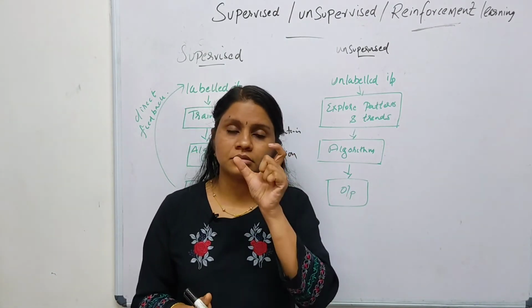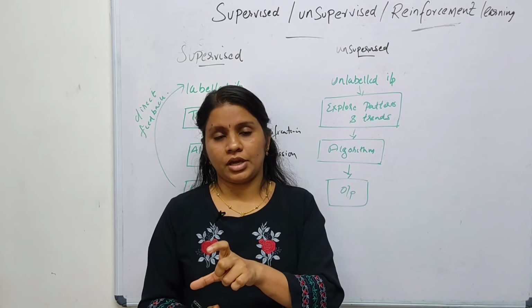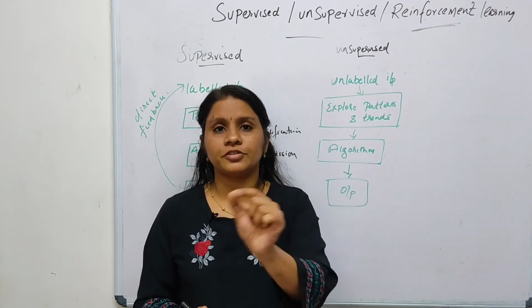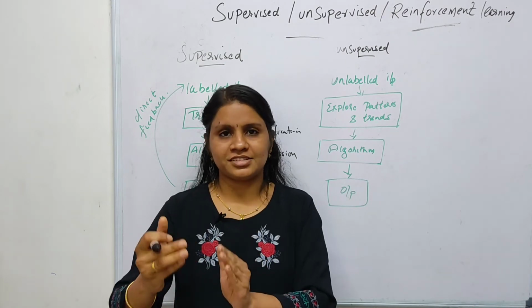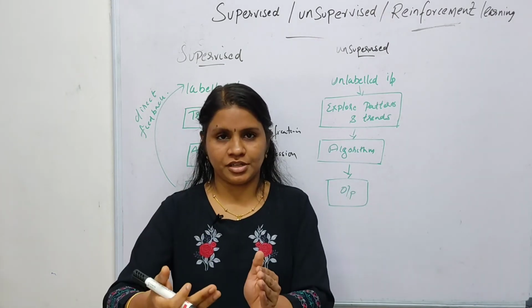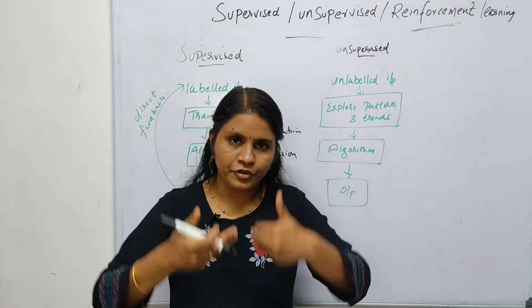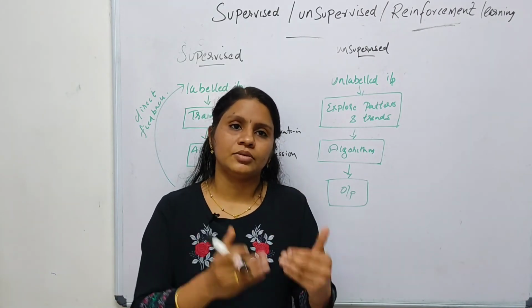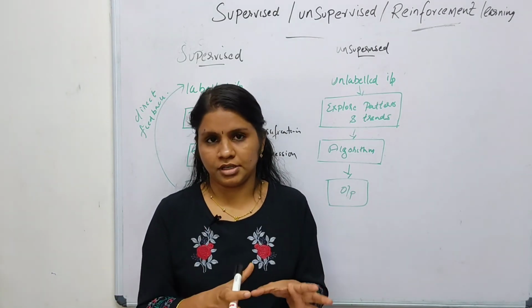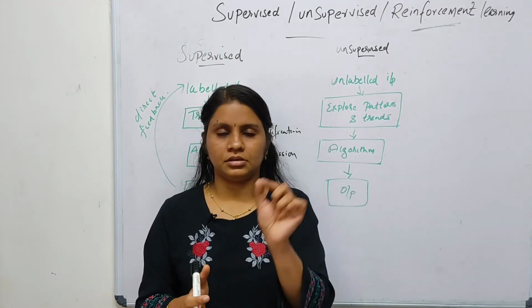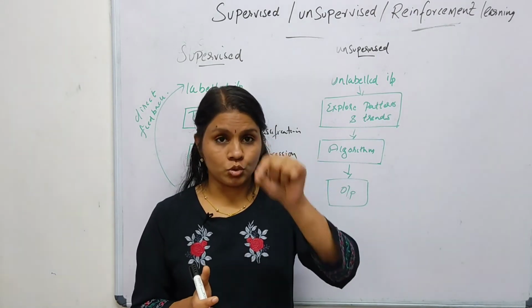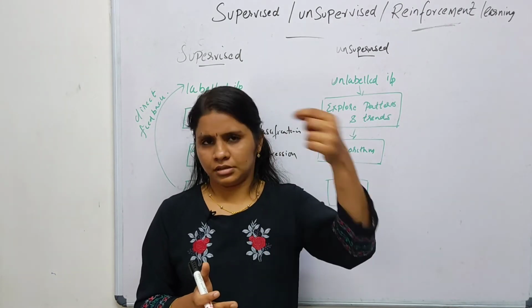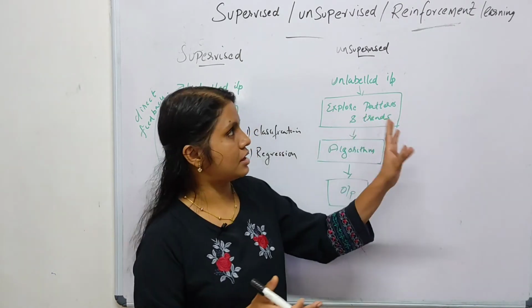So here treat the child as an agent, who is taking first steps, and after a few steps gets a reward, that is an appreciation. And if he or she fails to do that, he or she doesn't get any reward. Likewise, reinforcement learning works. This algorithm is mainly used in robotics and gaming.